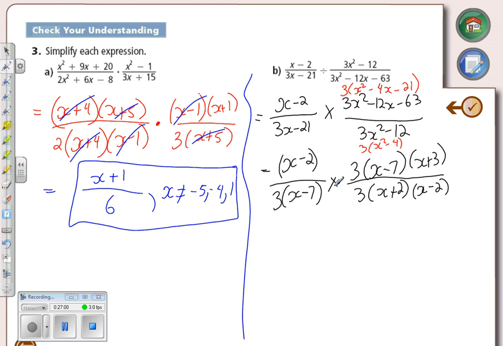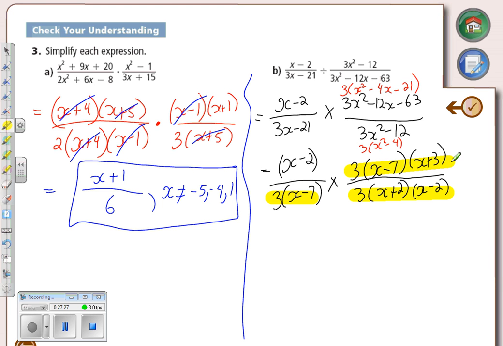And now because we're multiplying at this point, we can start crossing off. I'm going to look at it and do my NPVs, just look at which ones I have to worry about now, because I don't want to forget and miss one of them that I canceled off. Have to worry about this denominator, have to worry about this denominator, but this numerator here was the denominator up here.